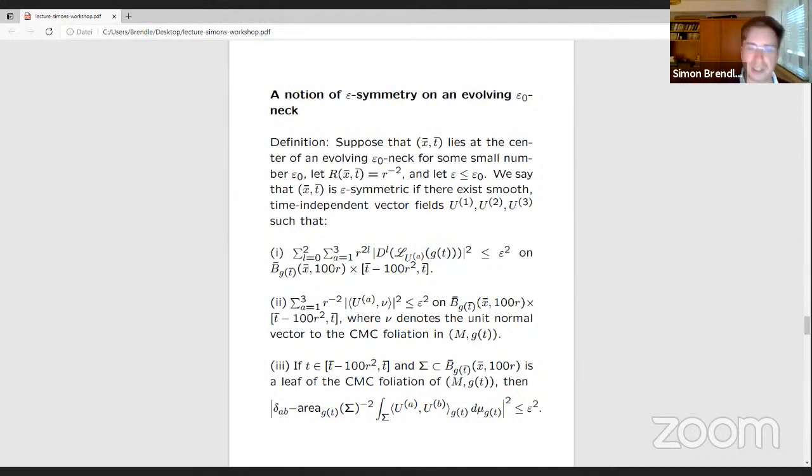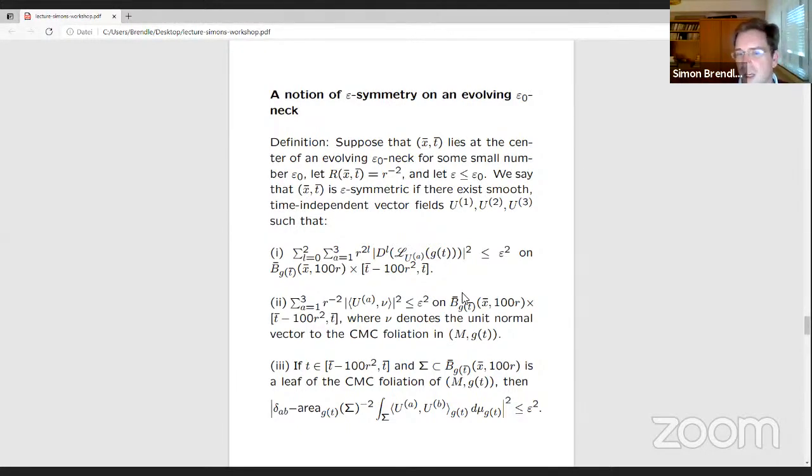Now, the exact definition involves a couple of conditions, but basically what you want is an approximate SO3 action. I want 3 time-dependent vector fields such that their Lie derivatives are less than epsilon. And of course, I also want to control derivatives.